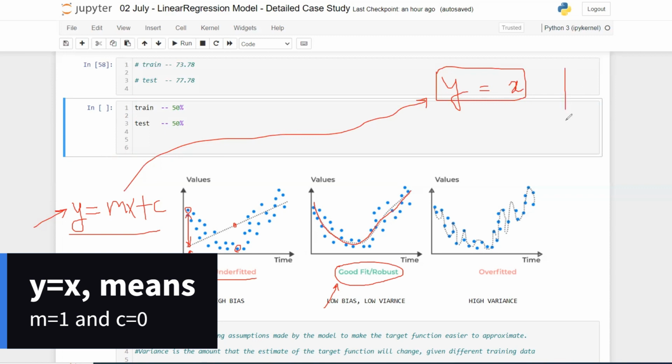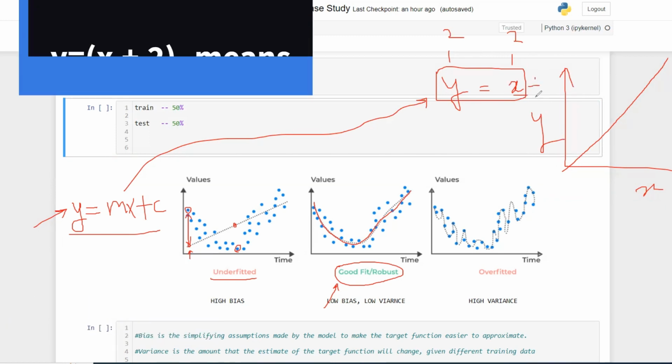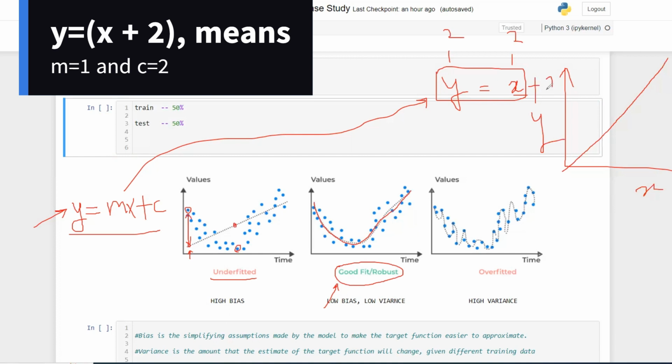If I ask you to plot this equation on a chart, how will that be? If this is your x-axis and this is your y-axis, then for every x, if x is 1, y will be 1. If x is 2, y will be 2. So what will that line be? It will be a straight, linear line like this. But if I say y equals x plus 2, let's say your intercept value was 2.